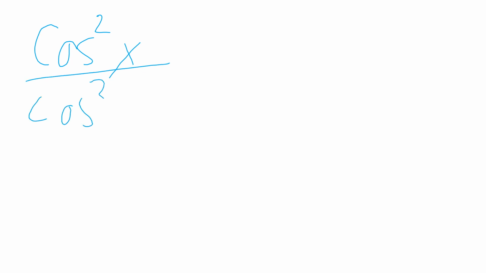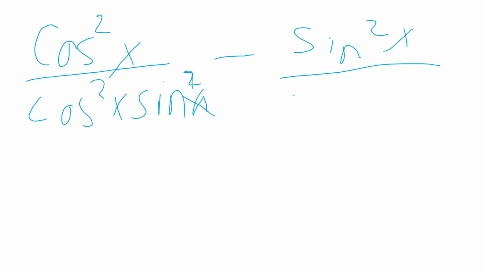And so now, once you've done the common denominators and such, you flip the denominator with the numerator, and you'll get cosine 2x sine 2x. And now this one's going to be a minus, squared, minus sine 2x over cosine 2x minus sine 2x.